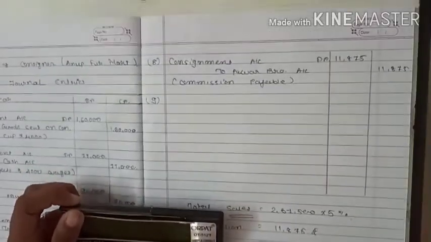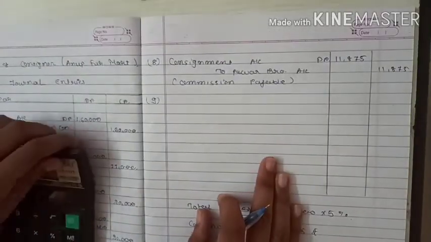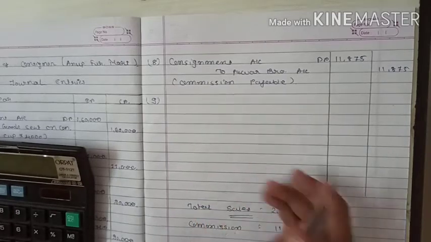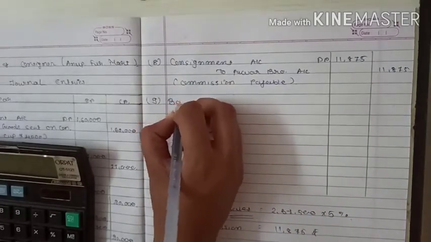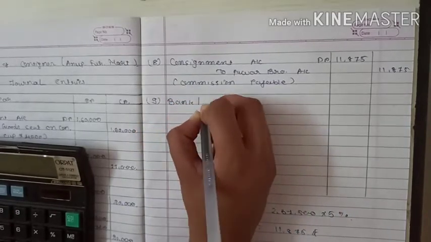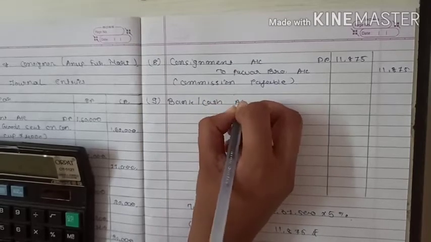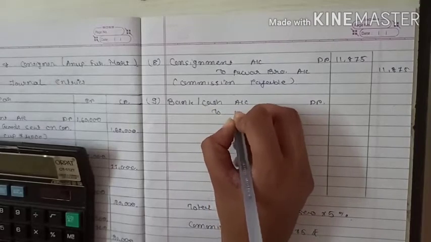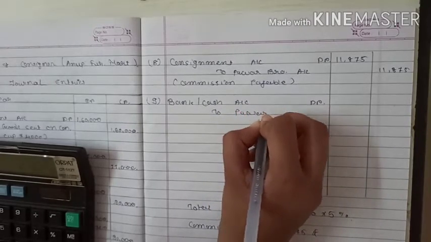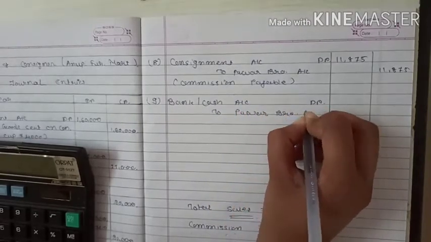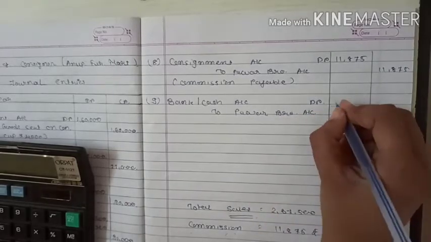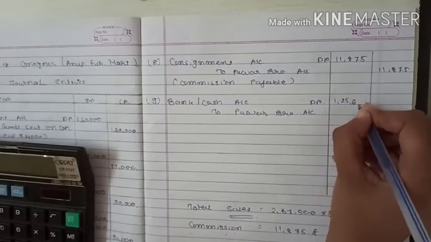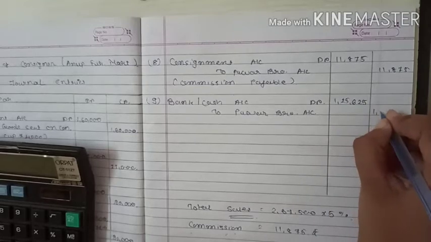So we are receiving the settlement amount from the consignee, in bank or cash, whichever it may be. So bank or cash account debit to consignee account, that means Pawar Brothers account, rupees 1,25,625.